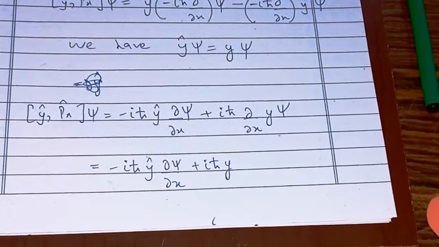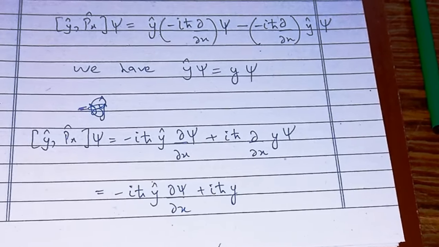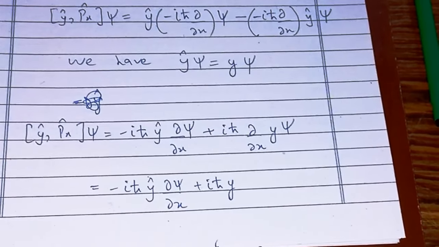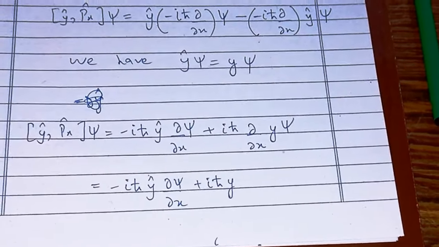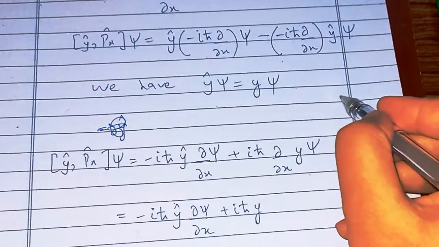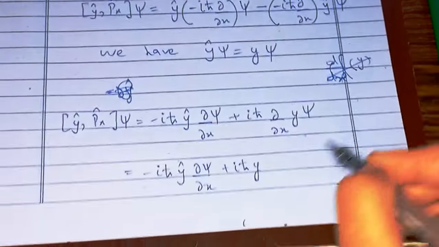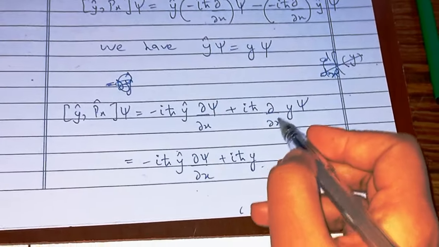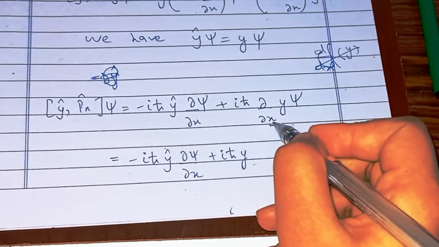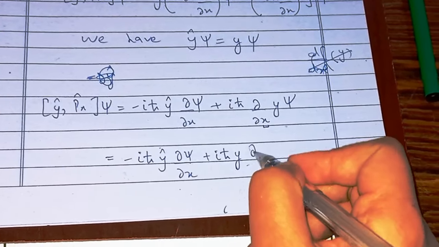If you have a partial derivative, only the variable with respect to which you are differentiating is treated as a variable. The rest of the quantities are treated as constants. This doesn't happen in full derivatives, where with d by dx, you treat y as a variable, but not in partial derivatives. You take only that variable as the variable with respect to which you are finding the partial derivative.